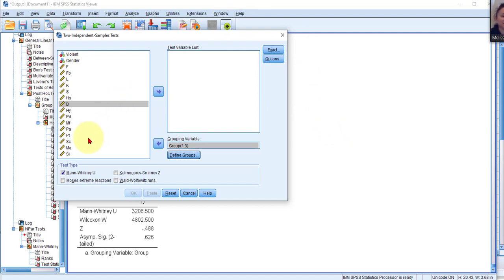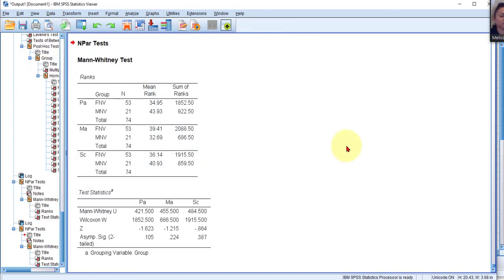So this was Ma, Pa, and SC, right? Ma, Pa. Yes. Right. So as I recall, Pa and SC were close. Right? So again, if we divide these by 2, only Pa is close.